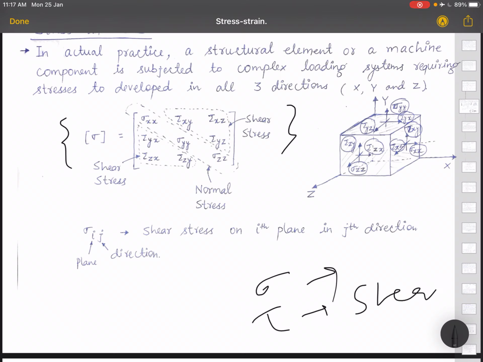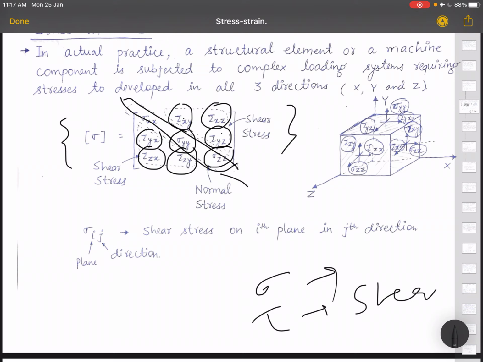So sigma xx, tau xy, tau xz, tau yx, sigma yy, tau yz, tau zx, tau zy and sigma zz. The diagonal elements are termed as the normal stresses, and all the remaining elements are termed as shear stresses.